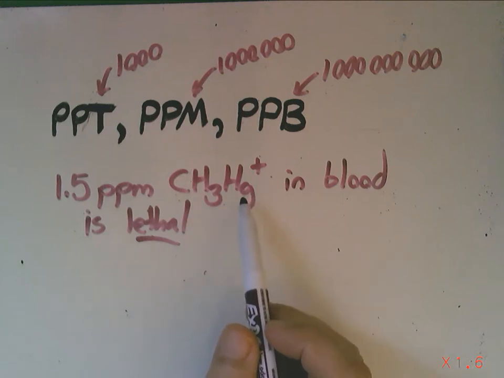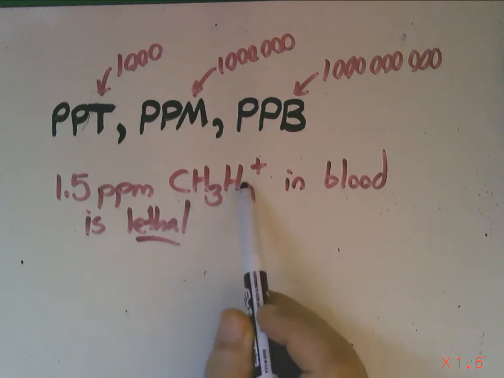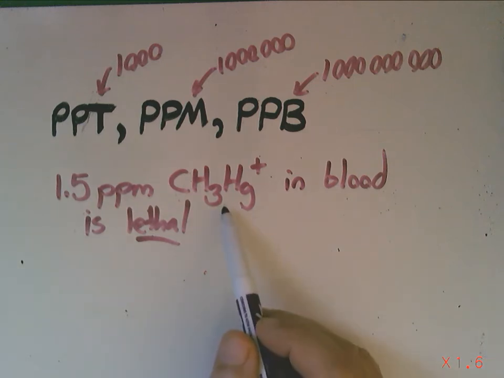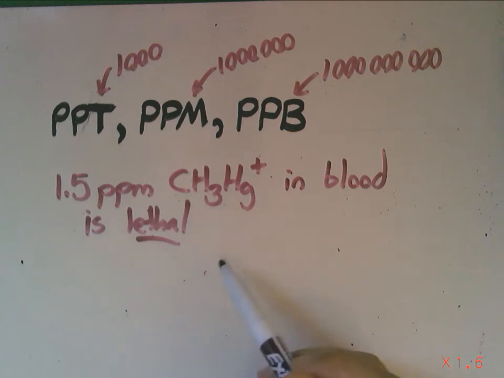This happens when mercury gets into the environment, and bacteria work on it. They will spot weld a carbon-hydrogen piece onto it. And this makes it very easy for it to get into a living thing, because it can cross a cell membrane and get into cells fairly easily that way. And it will concentrate the higher and higher up in the food chain you get. So you can get this sometimes in dangerous concentrations in fish, where there's been some mercury contamination.